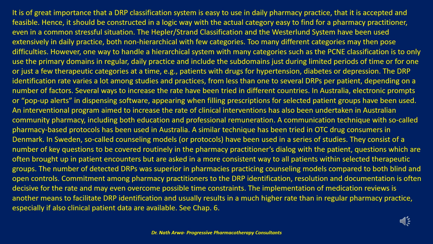An interventional program aimed to increase the rate of clinical interventions has also been undertaken in Australian community pharmacy, including both education and professional remuneration. A communication technique with so-called pharmacy-based protocols has been used in Australia. A similar technique has been tried in OTC drug consumers in Denmark.